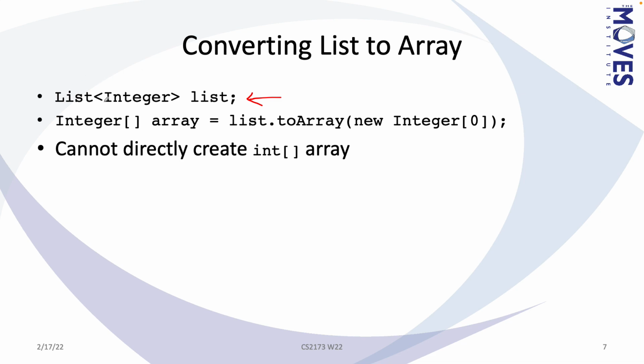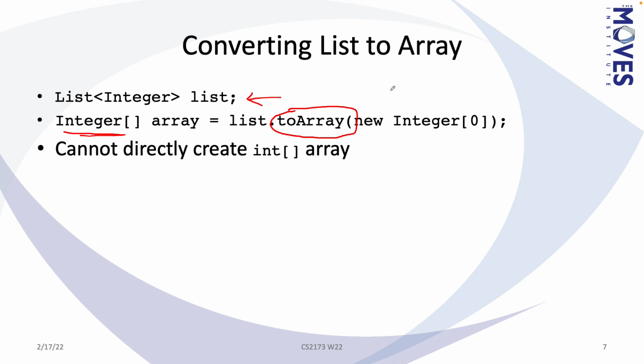I can easily convert that to an array of integer objects using this pattern. It's kind of a little bit weird, but every collection has a toArray method, and it's overloaded.